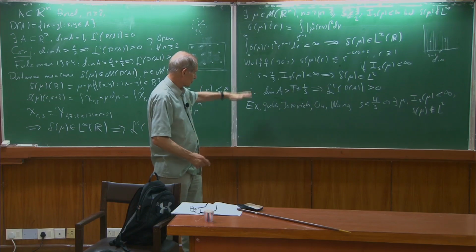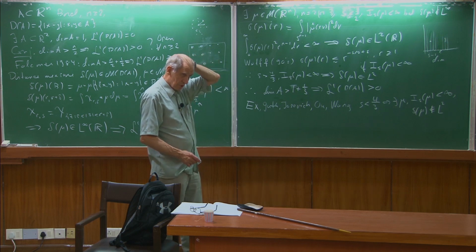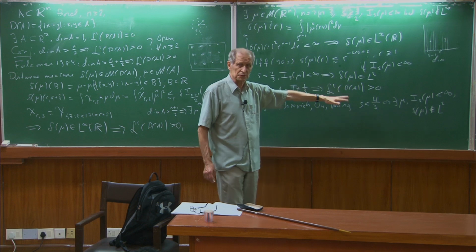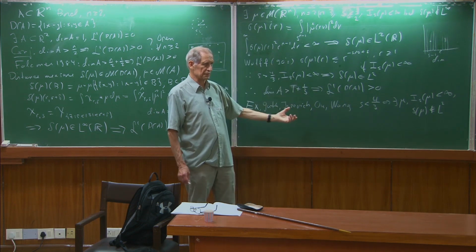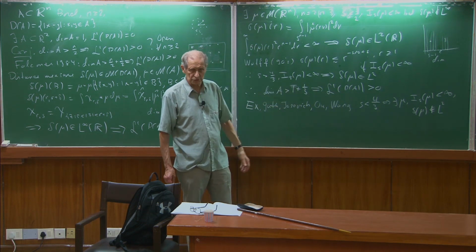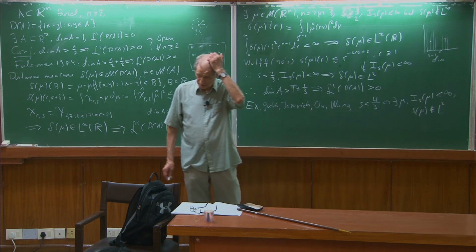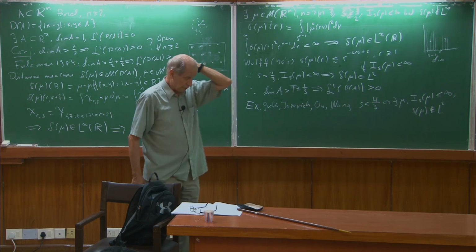Well, you can still use maybe the L2 method, because it is not necessary to get exactly the distance measure into L2. You can maybe get some modification of it in L2.